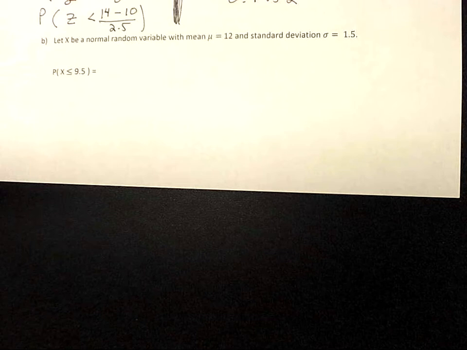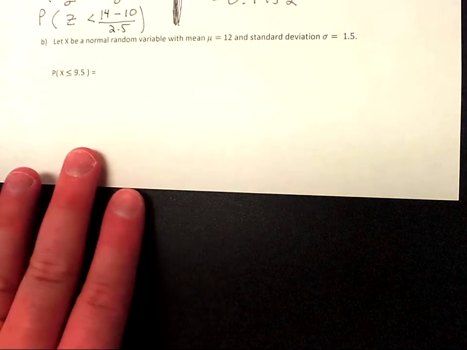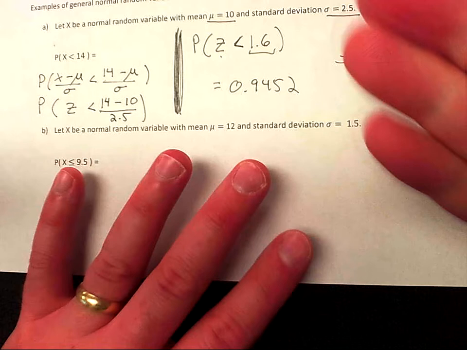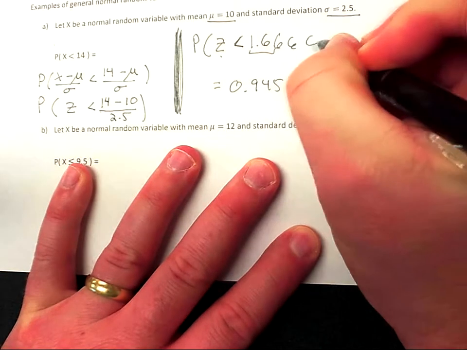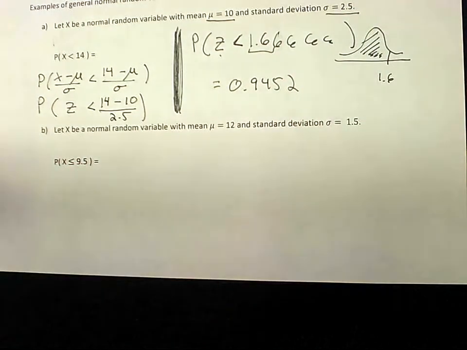Good question. I think what you're asking here is this, to make sure I'm understanding you right. Let's say that this number that we came up with was not 1.6, but 1.66666. That's what you're asking, right? Cool. Our z table is always to 2 decimal places, so you're always going to round this number to 2 decimal places, just like you would round any other number.